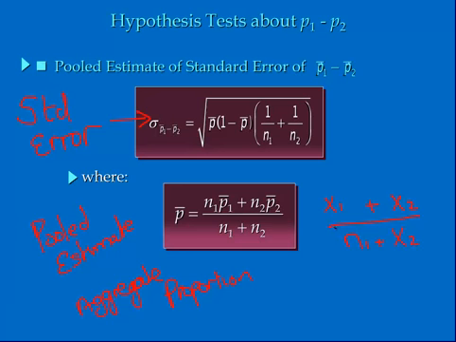That's just a reworking of the formula. x1 is the number of successes, or number of occurrences, probably a better word. Anyway, that's an important step there.